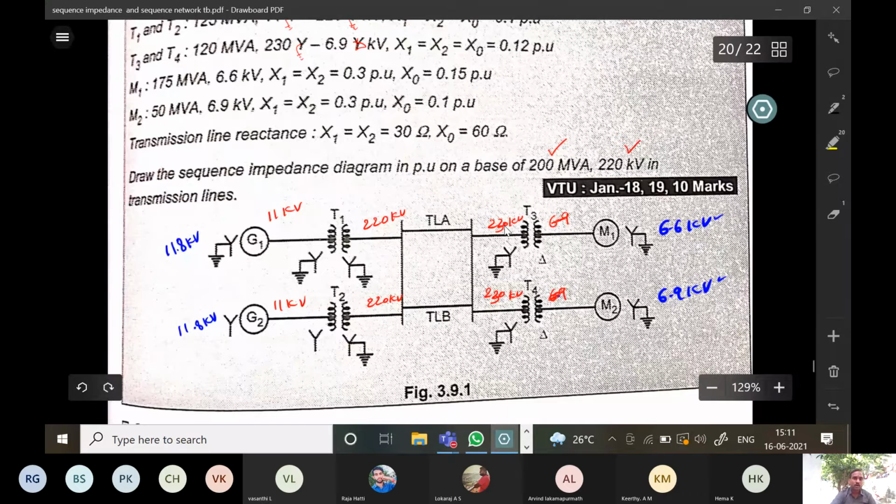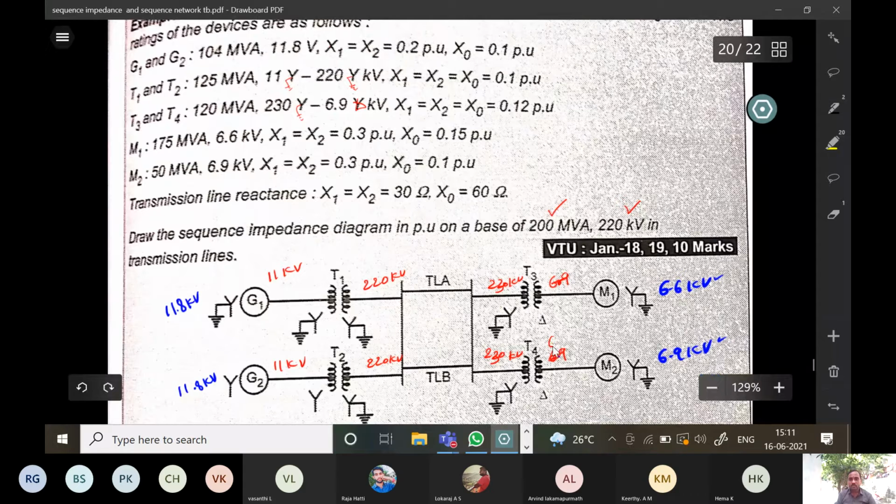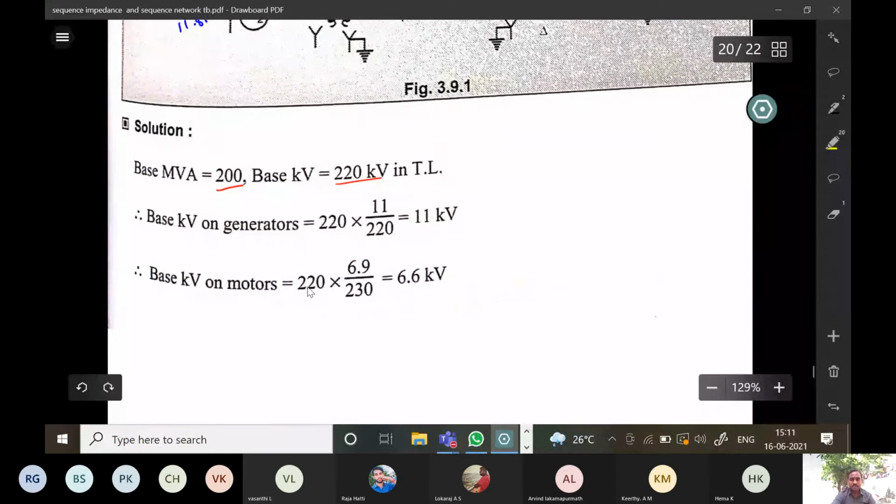The transformer voltage is 6.9 over 230, but the base value of the motor will change. So the base value of the motor is the HT side multiplied by LT by HT.